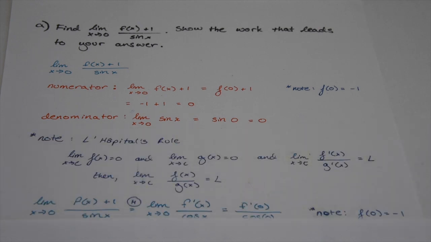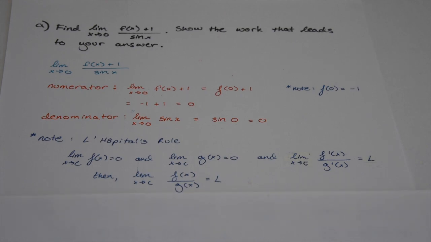L'Hopital's rule states that if the limit as x approaches c of f(x) is 0, and the limit as x approaches c of g(x) is also 0, and the limit as x approaches c of f'(x) over g'(x) is a constant L, then the limit as x approaches c of f(x) over g(x) is also L. I'm just using f(x) and g(x) here to show what L'Hopital's rule is, not necessarily as part of the question.